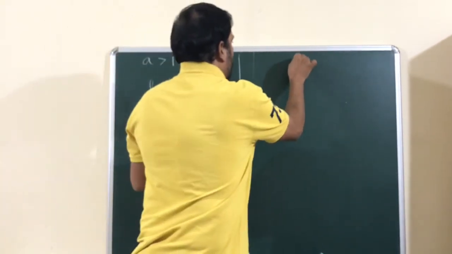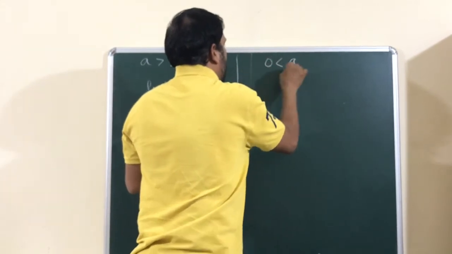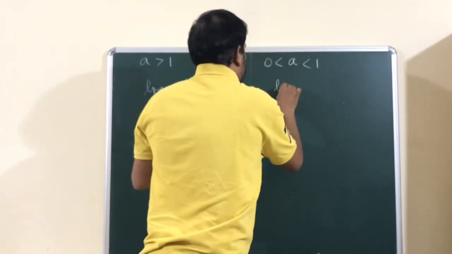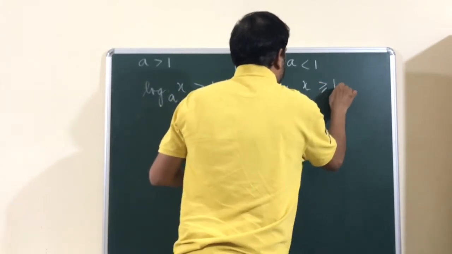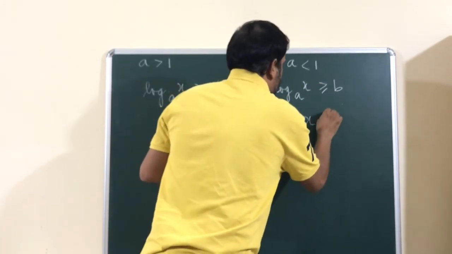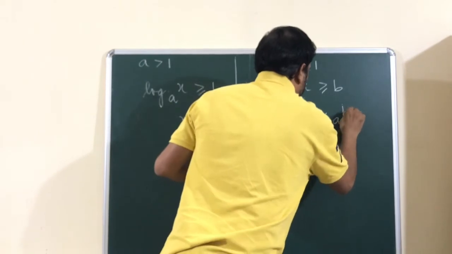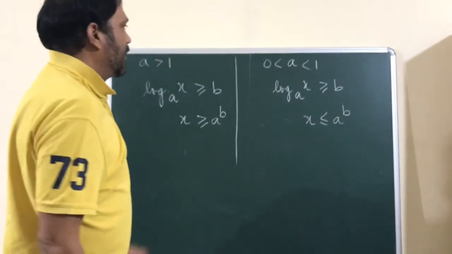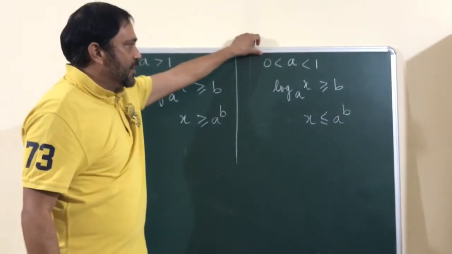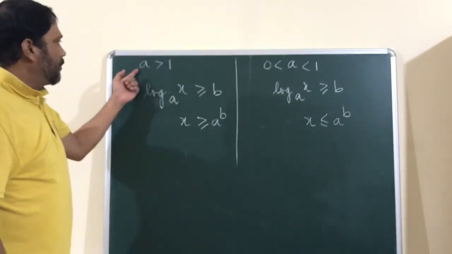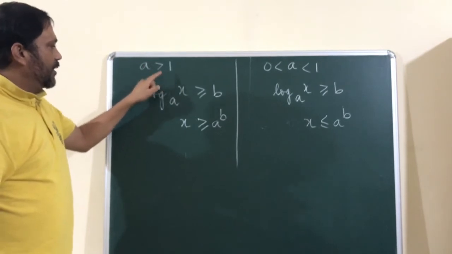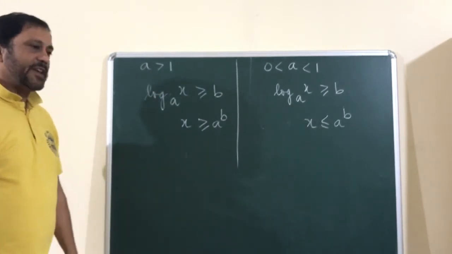When you take a greater than 0 but less than 1, in that case log of x base a, if you are asked greater than or equal to b, then x has to be less than or equal to a raised to the power b. So when the base is less than 1 and greater than 0, the sign of inequality will change. When the base is greater than 1, the sign of inequality will remain the same.